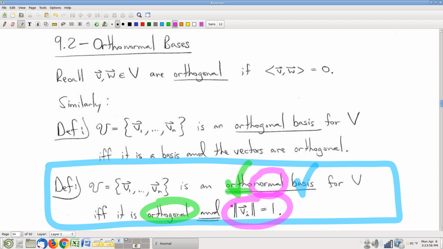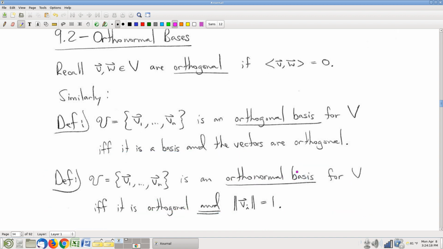The ortho kind of means perpendicular here. The normality here refers to this other thing of the vectors having magnitude equal to 1. Okay, so anyway. By the way, sometimes we'll talk about vectors as being normalized if they've been scaled appropriately so that their magnitude is 1.